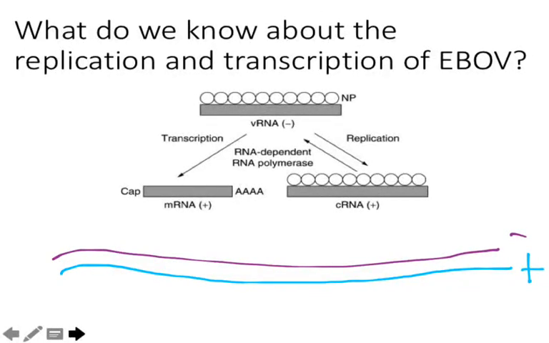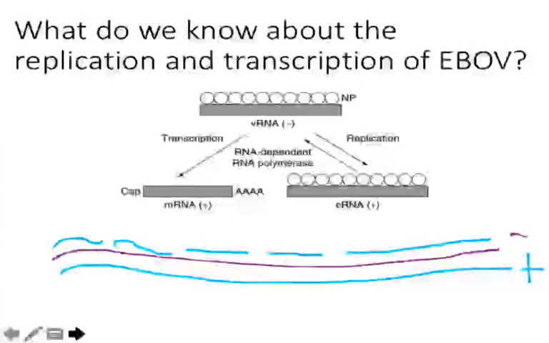We're also going to find individual mRNAs being produced, each with their own cap and poly A tail. So even though this virus is producing its mRNAs in the cytoplasm, the mRNAs are actually going to look a lot like host mRNAs. And then you could view this as being advantageous. So that's kind of a precursor to what we're going to look at today.